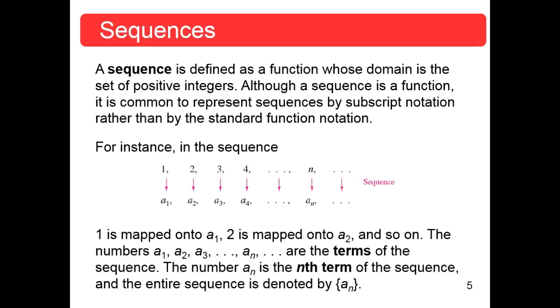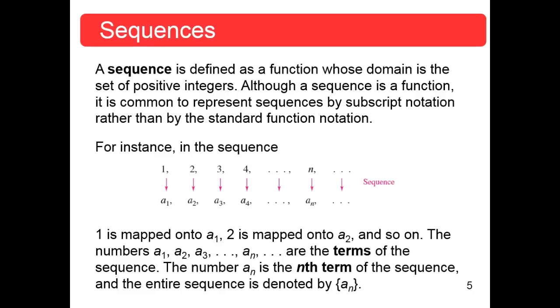So, for example, here's a sequence. 1, 2, 3, 4, 5, 6, 7, up to n, and you can keep on going past n, okay? Those are your integers. The sequence that would be either this sequence or some other one, a sub 1, a sub 2, a sub 3, a sub 4, a sub n, and on like this.